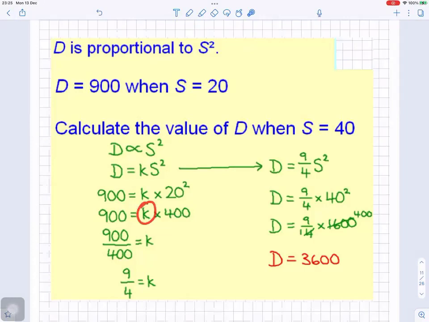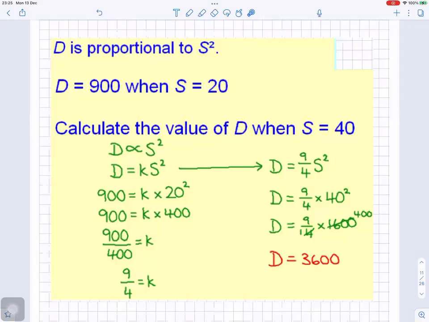So K is the inverse of times 400, which is divided by 400. So K is 900 divided by 400. The zeros would cancel, and K is 9 over 4. Leave it as a fraction. So you can write it as D is equal to 9 over 4 times S squared.